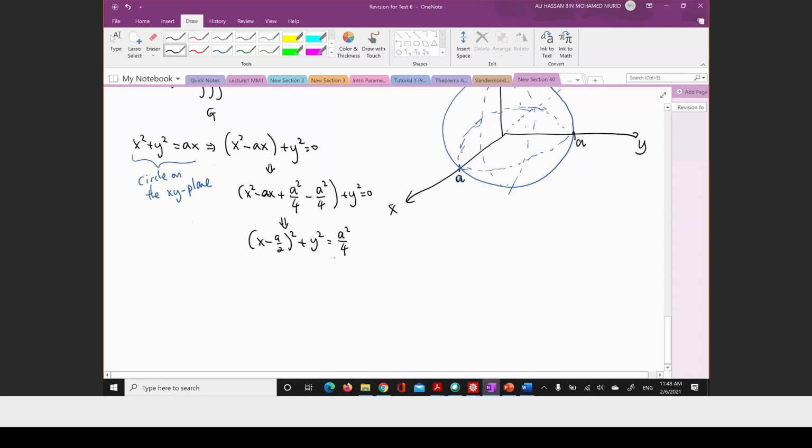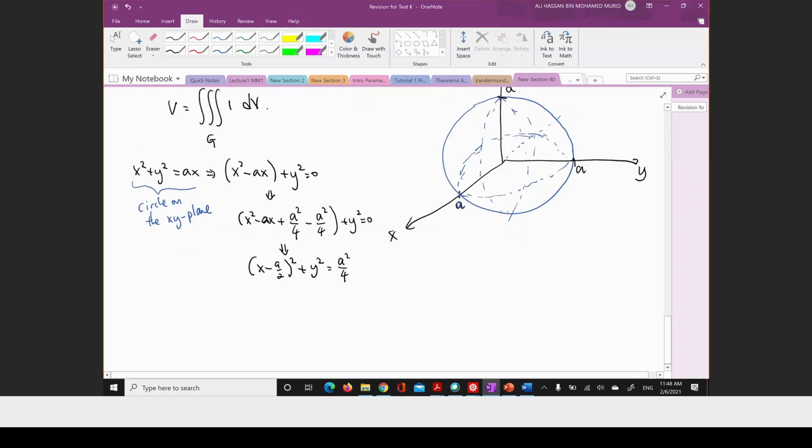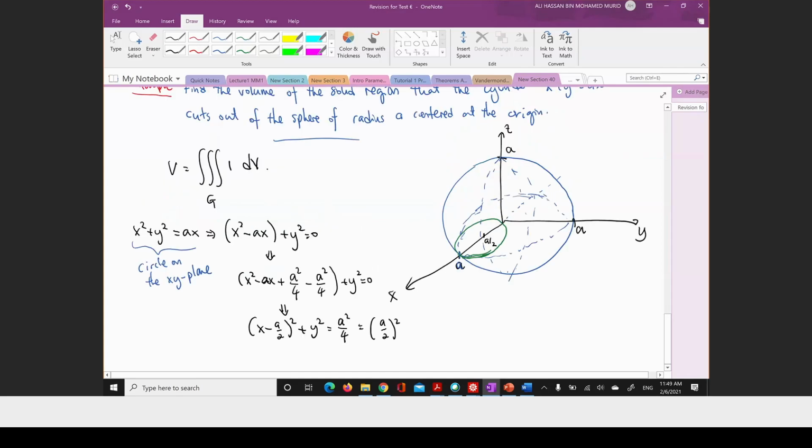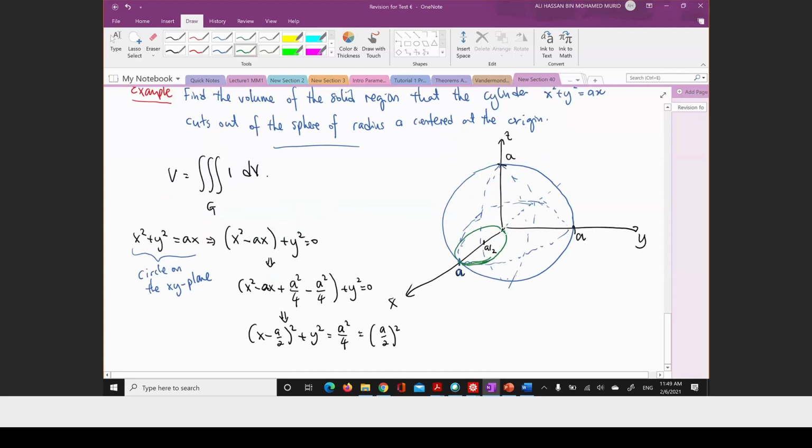So it is a circle centered at a over 2 of radius a over 2 also. Yeah. So on the xy plane we have a circle like this. So it is a cylinder. Okay, in 3D it is a cylinder.